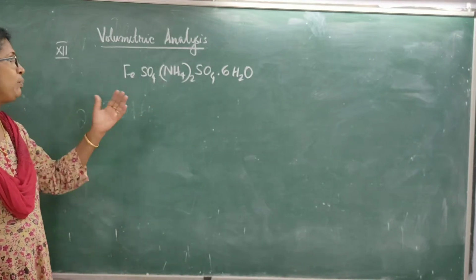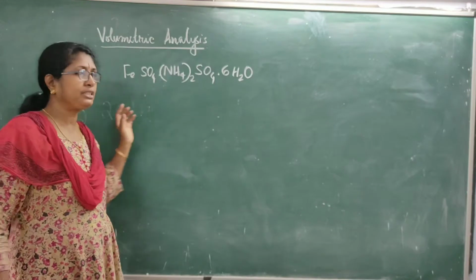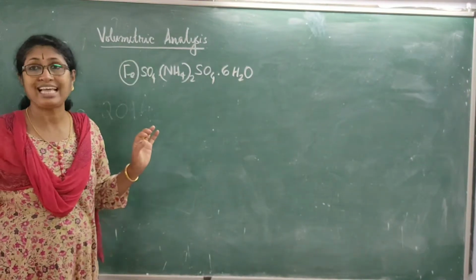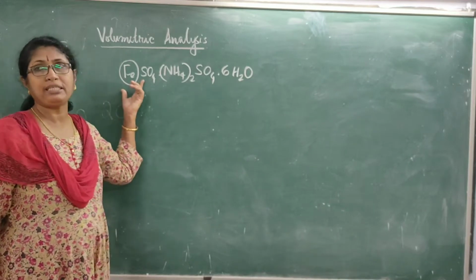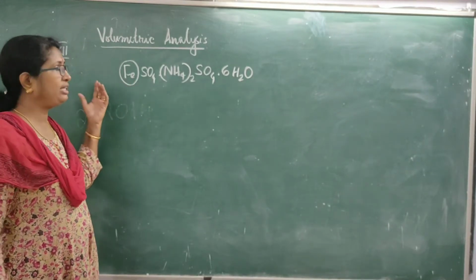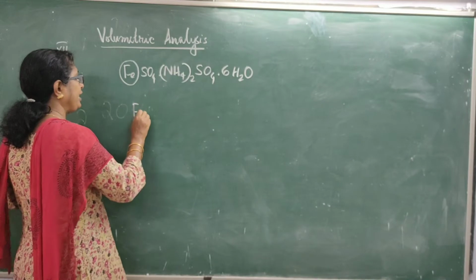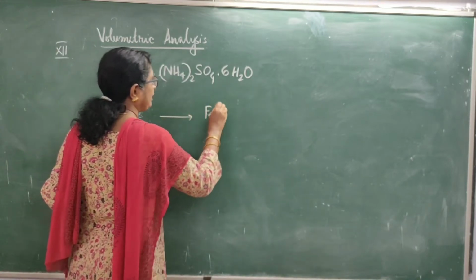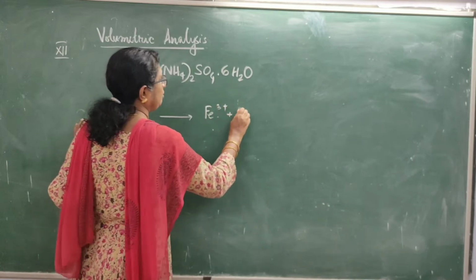You can estimate any one. Here the species that is going to be oxidized is the Fe2+ ion in Mohr's salt. It is oxidized to Fe3+ ion plus an electron.